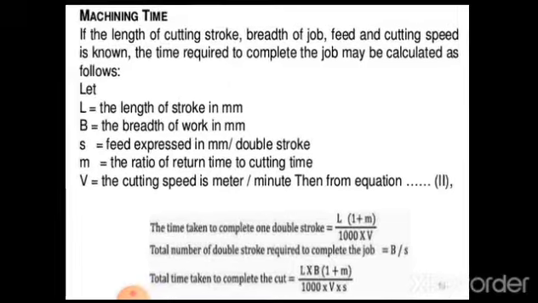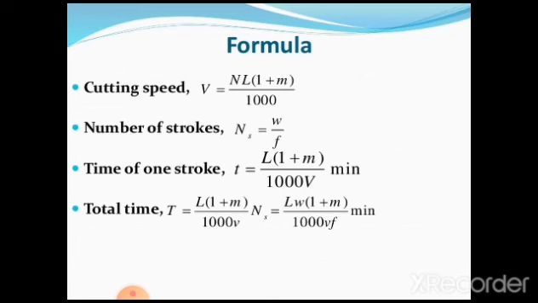The next concept is to understand how the different formulas are used. Cutting speed is given as V is equal to N into L into (1 plus M) divided by 1000. You just remember them. There is no need for any derivations. Number of strokes, NS is equal to W divided by F, or B divided by S. Both have the same meaning. W is the width or the breadth B, and F is the feed.